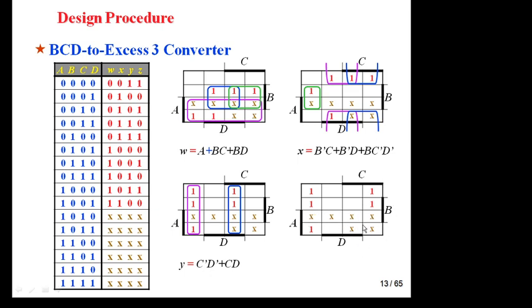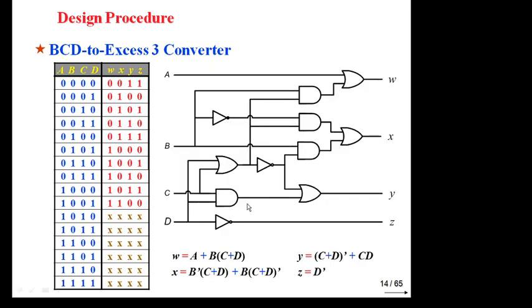Now there will be 1 octet, so this is D dash. Now draw the combinational circuit. You have the expression A plus B plus C plus D and this. Now this is your final combinational circuit which converts BCD to XS3 code. In this way you can design any combinational circuit.